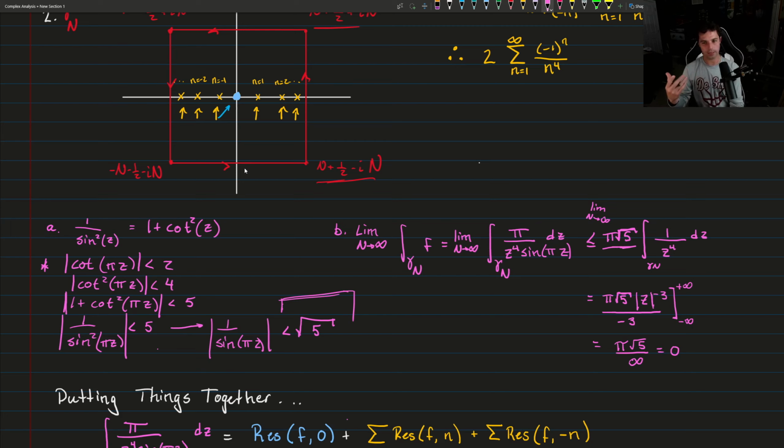So we're just left with the integral over gamma of 1 over z to the fourth. If we take that integral, we get pi root 5 times z to the negative 3 over negative 3, which we're taking the limit of. We're evaluating from positive infinity to negative infinity, very basically. That's not exactly what you're doing, but that's what's happening. When we do that, this distance z ends up going to infinity, so this entire integral goes to 0.